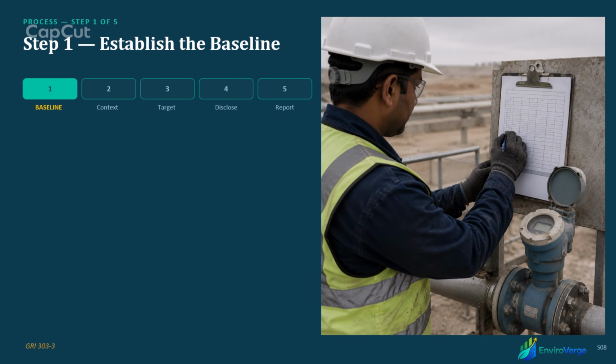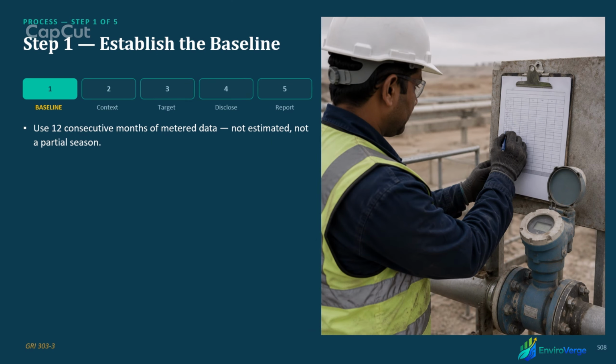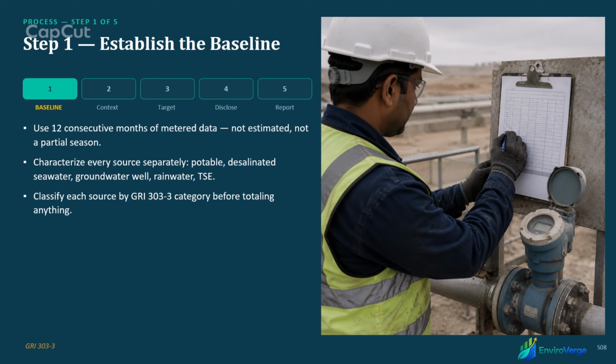Step 1. Establish the baseline. Use 12 consecutive months of metered data, not estimated, not a partial season stretched to look like a year. Characterize every source separately: potable, desalinated seawater, groundwater well, rainwater, TSE. Classify each one by its GRI 303-3 category before you total anything.